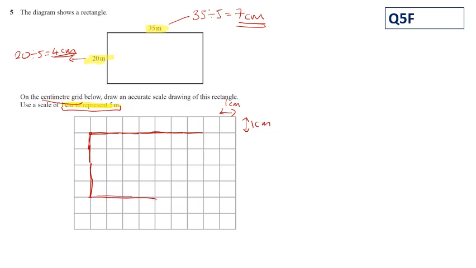I would suggest that you use a ruler for this, not draw it freehand like I am, as I don't have the option of a ruler. Okay, that's the question done.